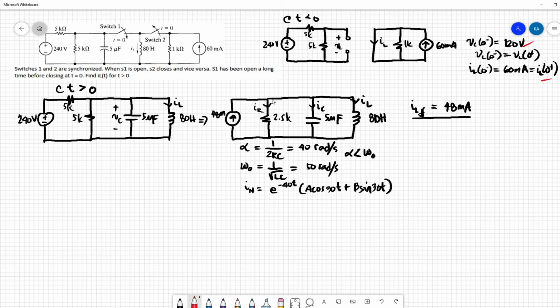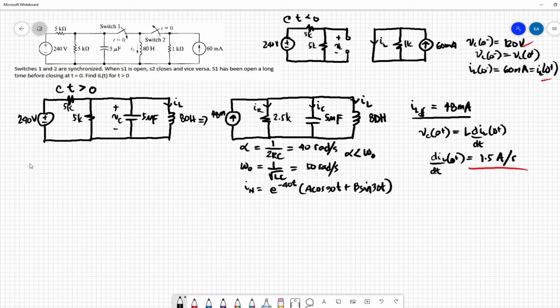To get the value of diL/dt of 0 plus, the voltage at 0 plus can be expressed as L diL/dt at 0 plus. diL/dt at 0 plus is equal to 1.5 amperes per second. So now we have this initial value.